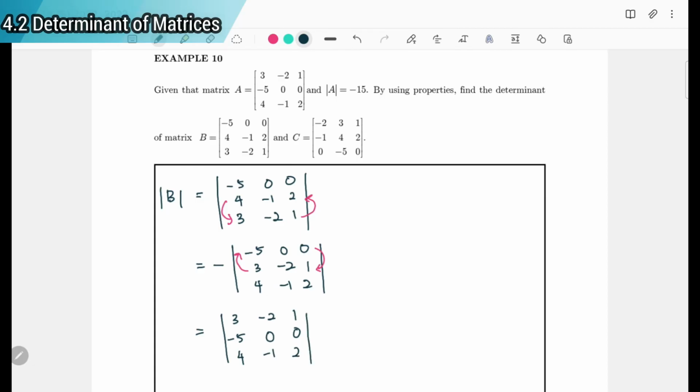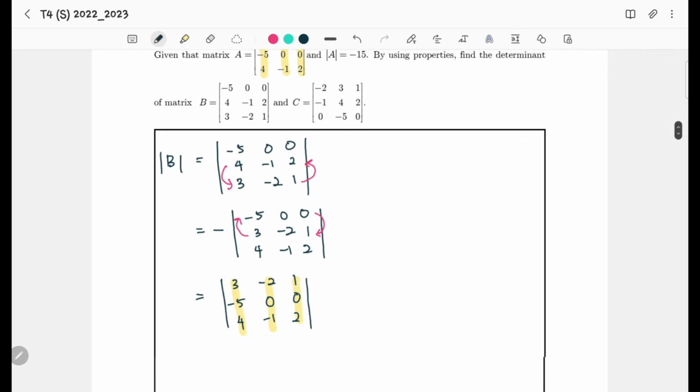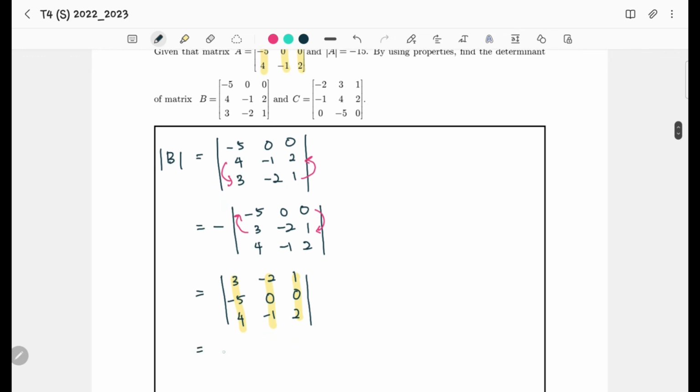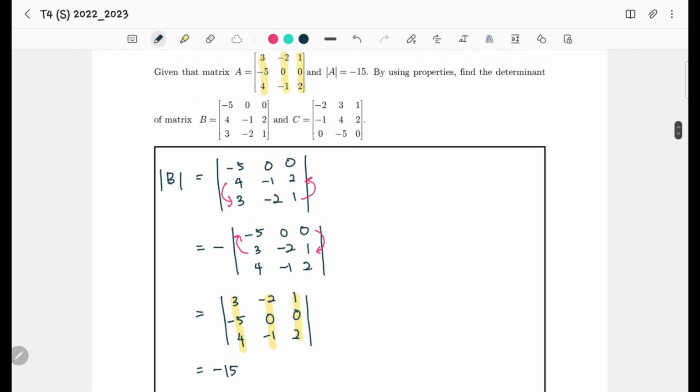You can see that this matrix is just the same as matrix A. So the determinant would just be negative 15, same as A. You interchange rows twice, so multiplying by negative twice will give the same thing, so negative 15.